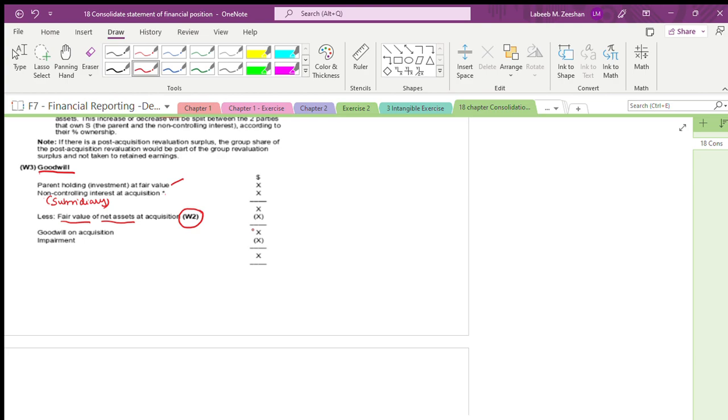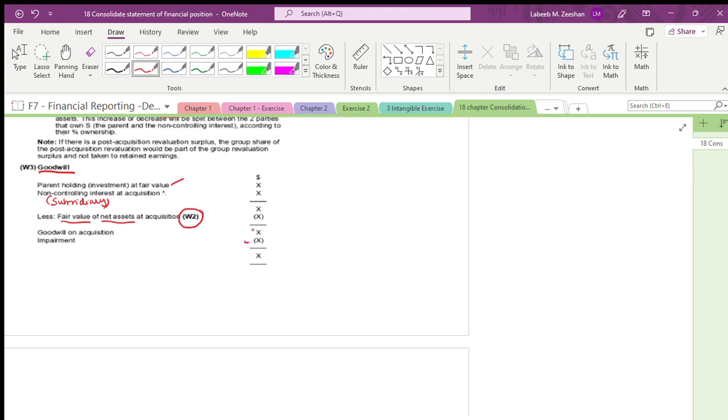Concepts are clear, but workings should not be missed. That's very important, because even if the final answer is off, if your workings are right, you will get full marks. They will never hold back the marks on that. We will get goodwill, and if there is any impairment, it will be deducted.